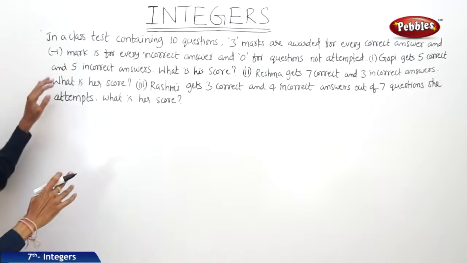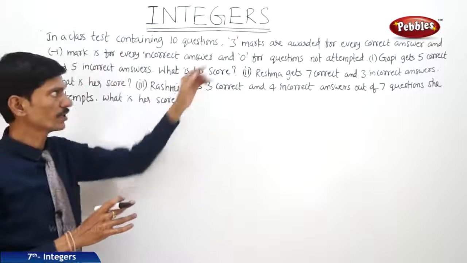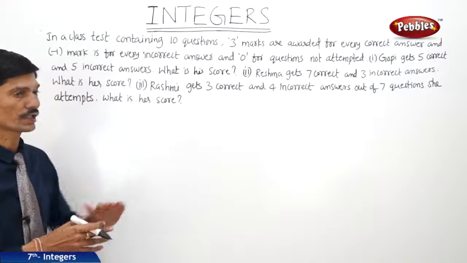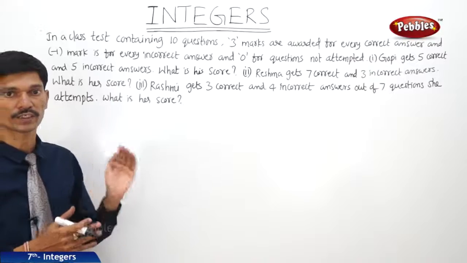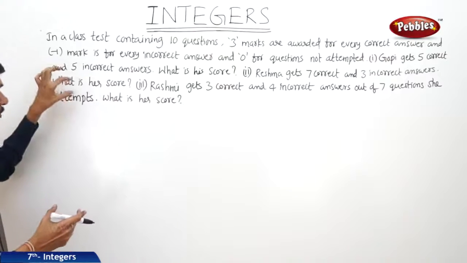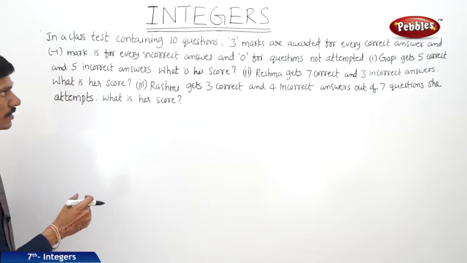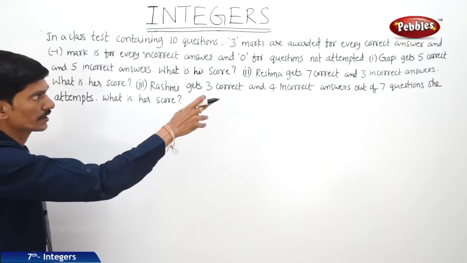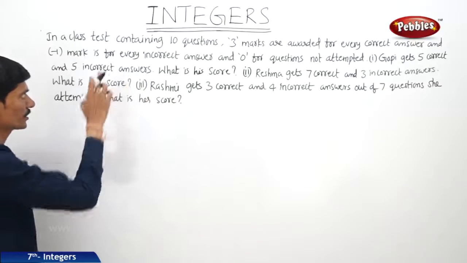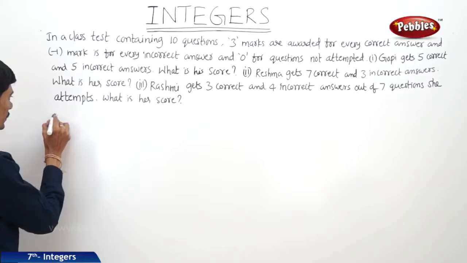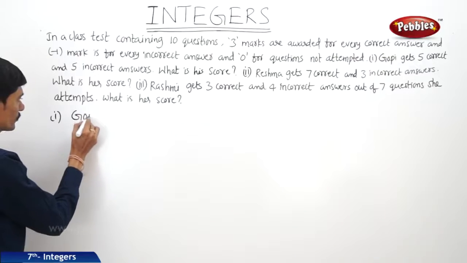So in the test consisting of 10 questions, 3 marks for every correct answer and minus 1 mark for every incorrect answer. In the case of Gopi, he gets 5 correct answers and 5 incorrect answers. Now first let us check Gopi's case.